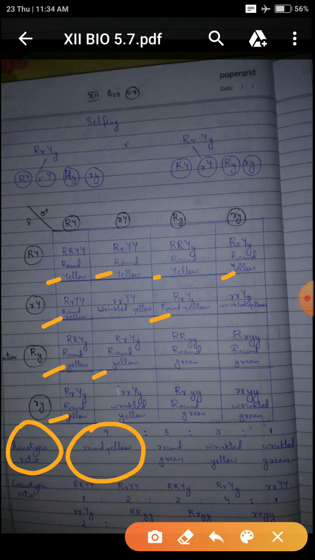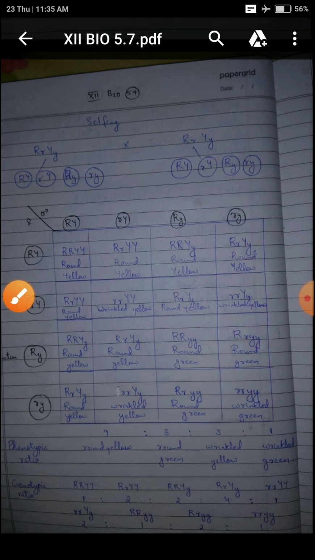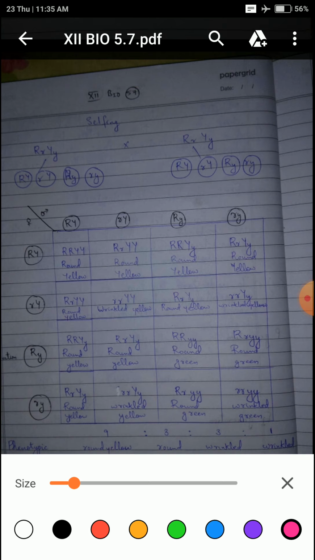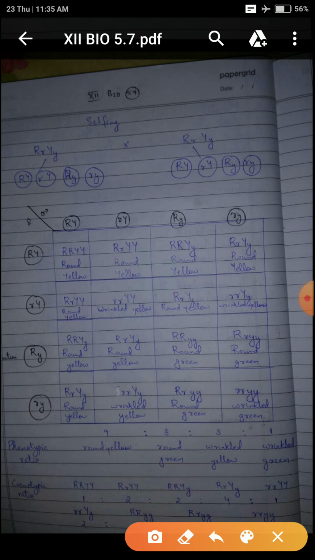Next, how many wrinkled yellow? 1, 2, 3. 3 wrinkled yellow. Next, round green, 1, 2, 3. 3 round green. And the only one left is wrinkled green, which is only one.